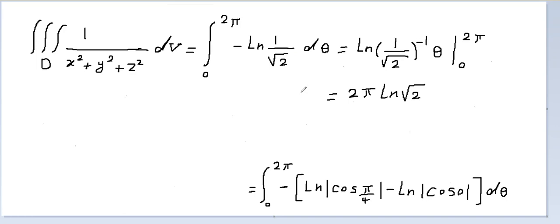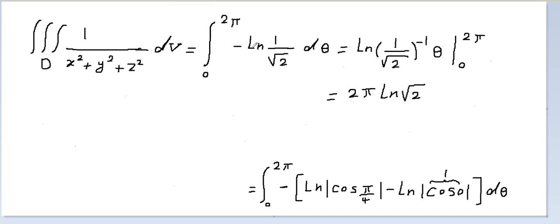So this equals minus ln of 1 over the square root of 2. And here, minus ln the absolute value of cosine 0. Cosine 0 is 1, and ln 1 is 0. So this is gone, and only minus ln cosine pi over 4 is left, d theta.